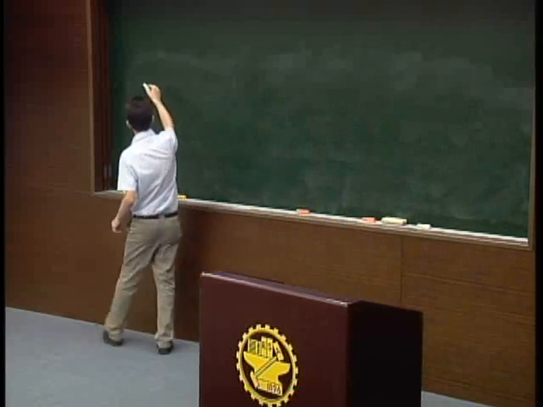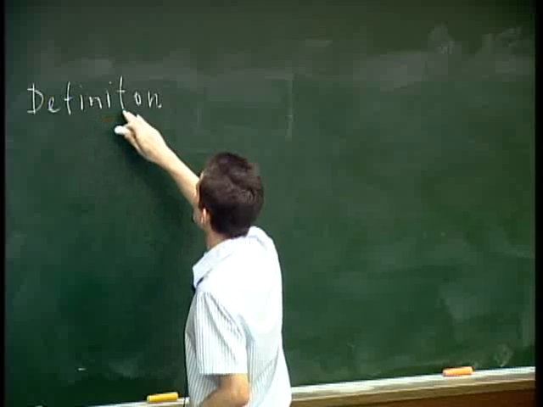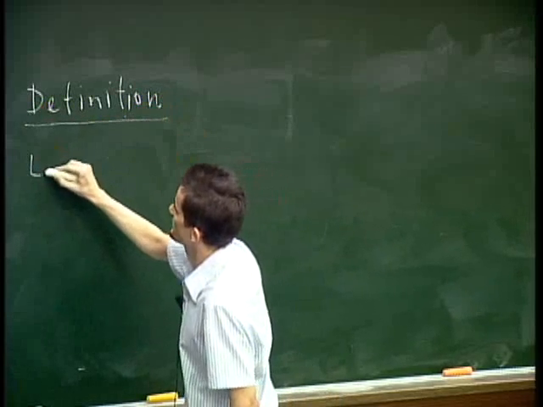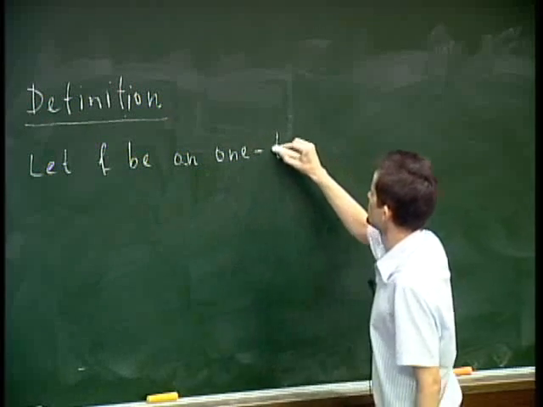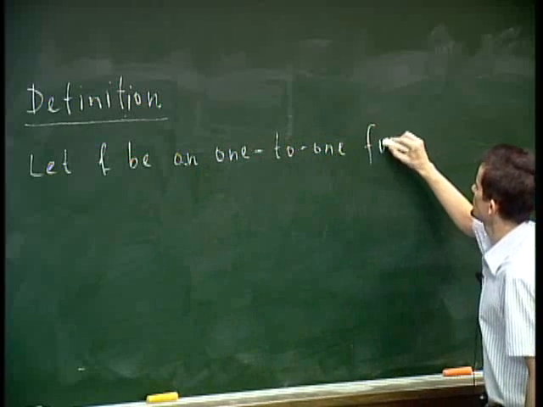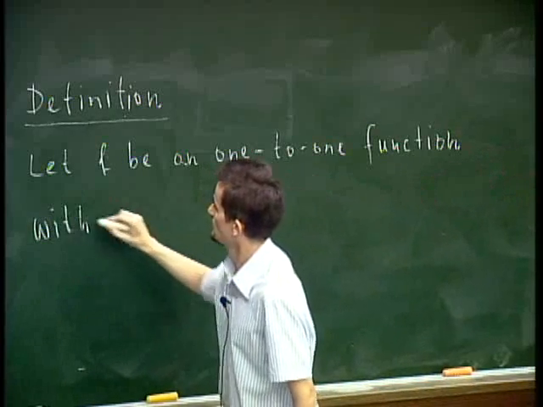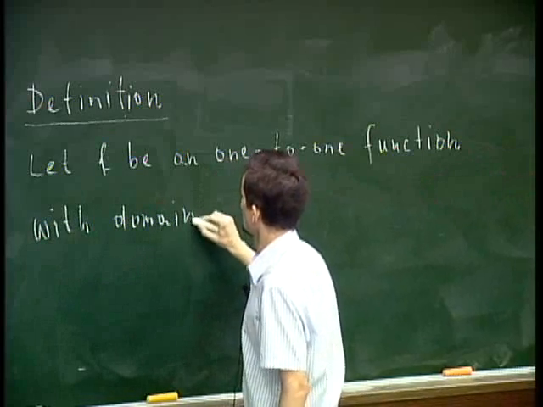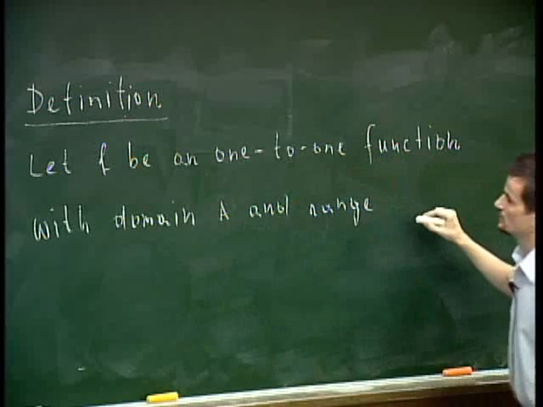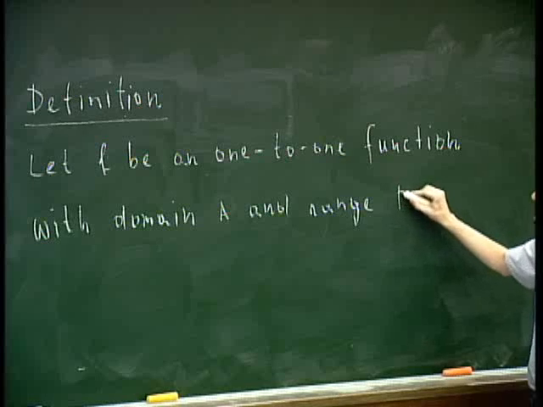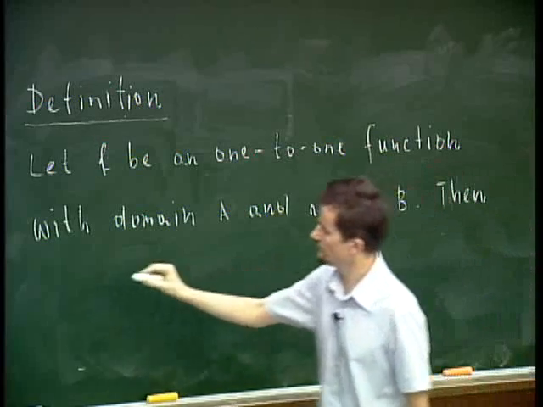So we have the following definition. Let f be a 1-to-1 function with domain A and range, let's say B. Then f has an inverse.